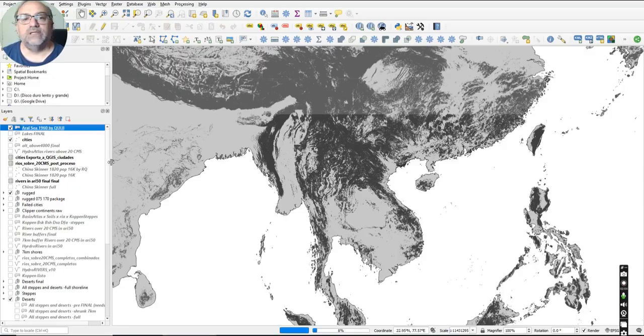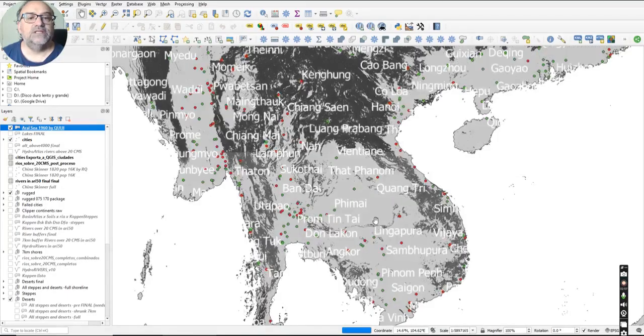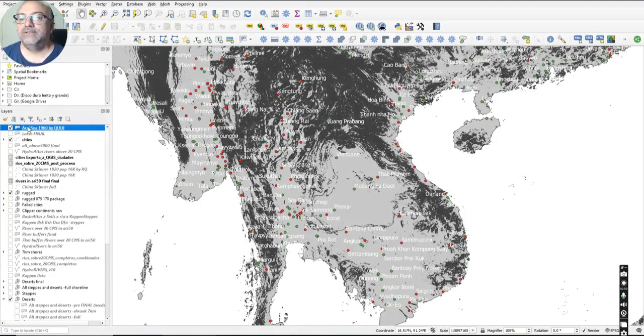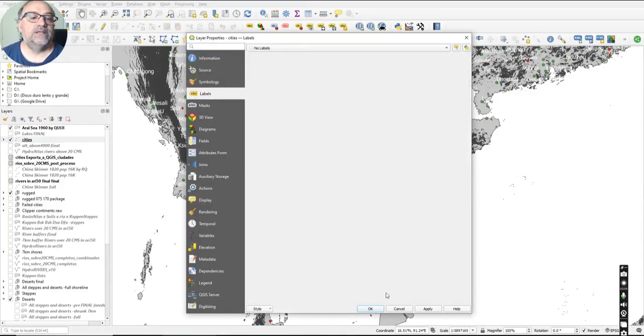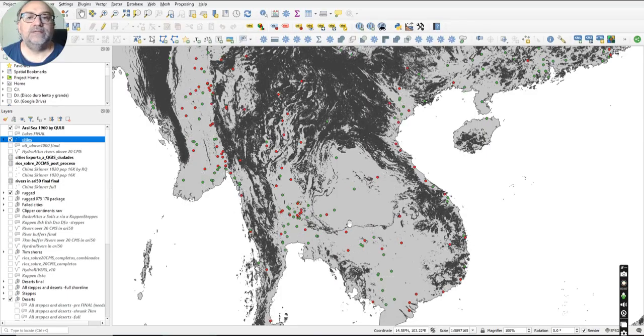So I'm going to click, for example, here the cities. Let me eliminate the labels.